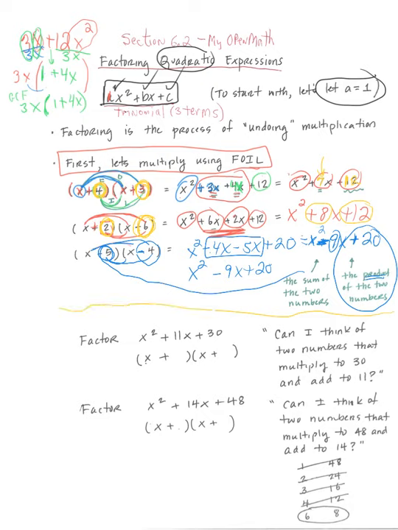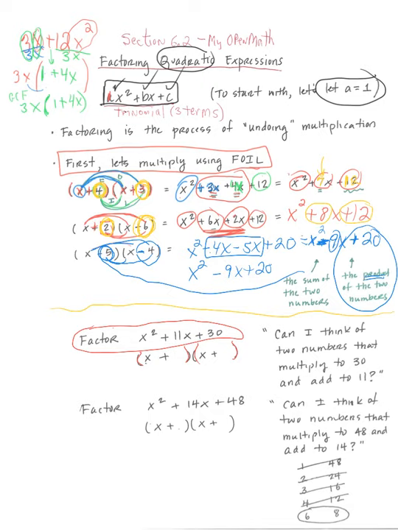So look at the first problem I'm going to ask you to factor. So now I have it all expanded out, and I want you to tell me, what did it look like with the original 2 parentheses?